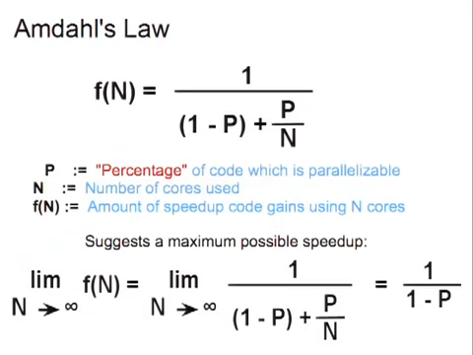Invert that to get a sense of what the speed up has been. You know, opposite of duration is rate. So what's the biggest rate we can get? Well, it depends on how parallelizable our code is.